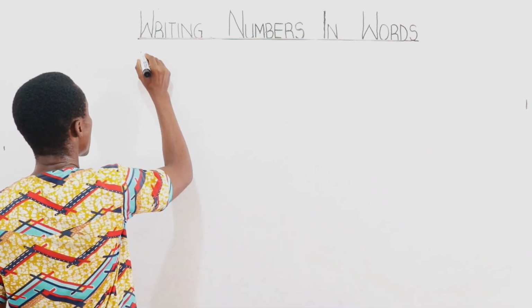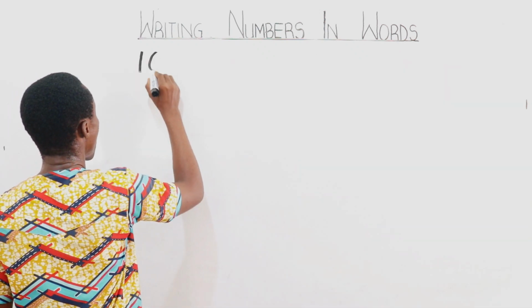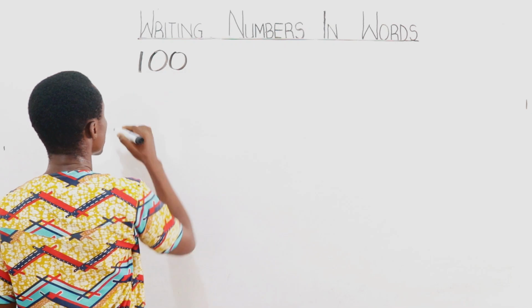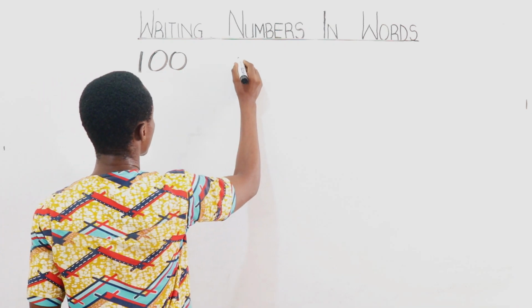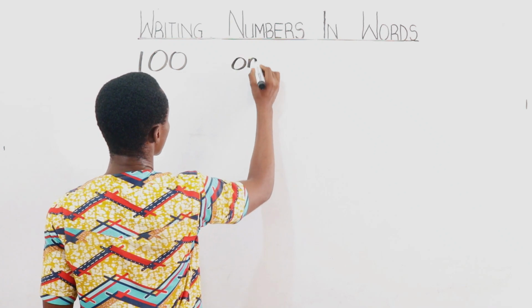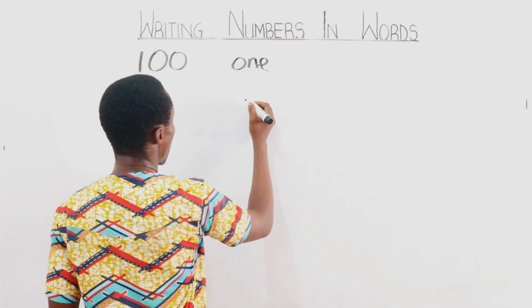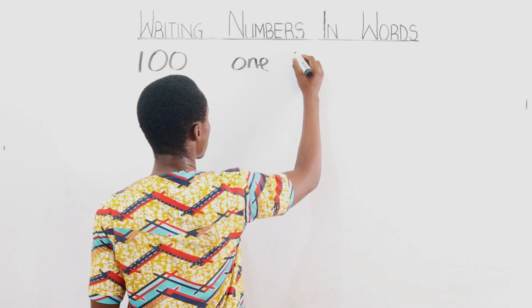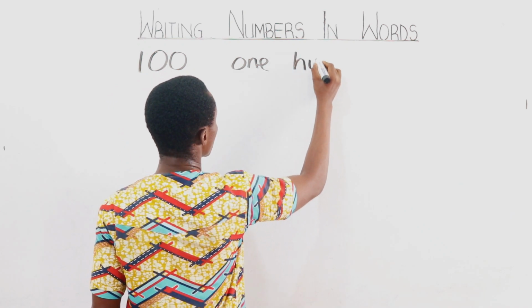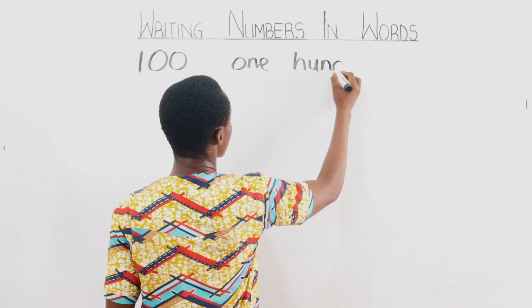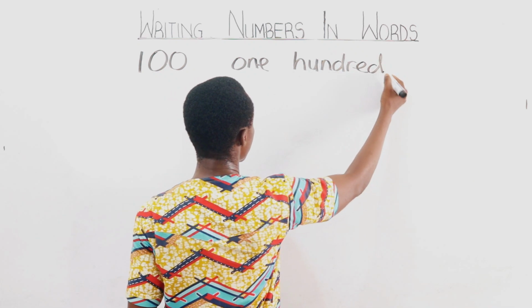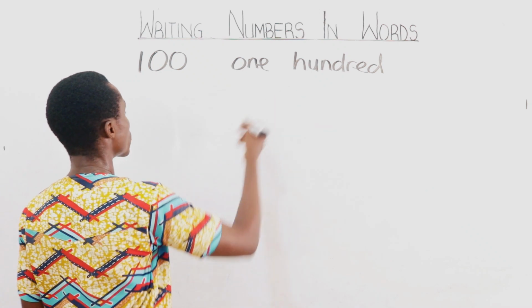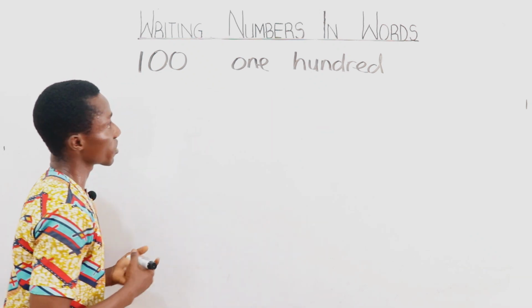The first 100 is 100. Okay? And 100 we write 1. And then we add 100. 100 is H U N D R E D. 100 in words.